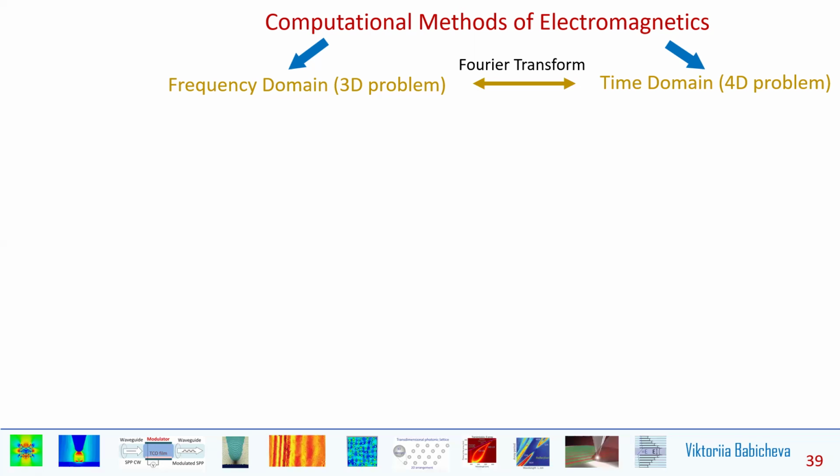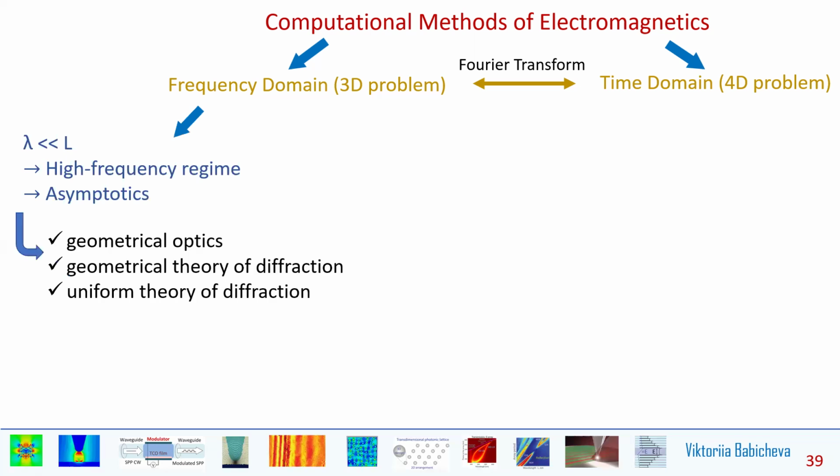And the frequency domain calculation depends on the size of the problem in terms of the wavelength. So if the problem size is very large compared to the wavelength, then we can use a so-called asymptotic, or we can say a high frequency method. This method can be divided in turn into two groups. One starts from geometrical optics and the geometrical theory of diffraction, and then the uniform theory of diffraction.